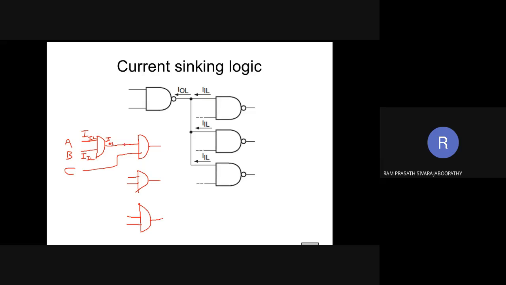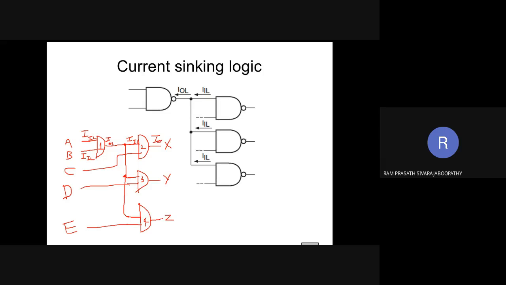The same output from the first AND gate is given as D. So it is given as E. X, Y, Z. Now what have we done here? 3 AND gates are driven by the first AND gate, the AND gates 2, 3, 4. For these, one of the inputs comes from where? It comes from the first AND gate. Fine. This is IOL. So now what should be here? IIL. And at its output comes IOL.